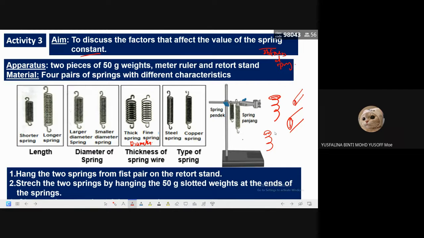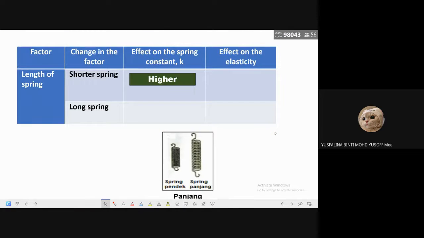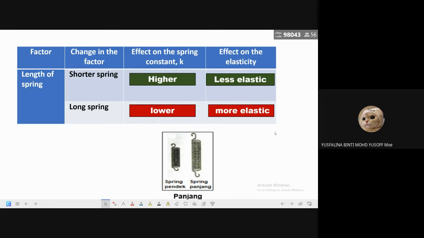Alright, so this is the experiment. The length of the spring: a shorter spring has a higher spring constant, meaning it's stiffer. A long spring has a lower spring constant, meaning it's less stiff, so it's more elastic and easy for you to stretch, compared to the shorter wire.